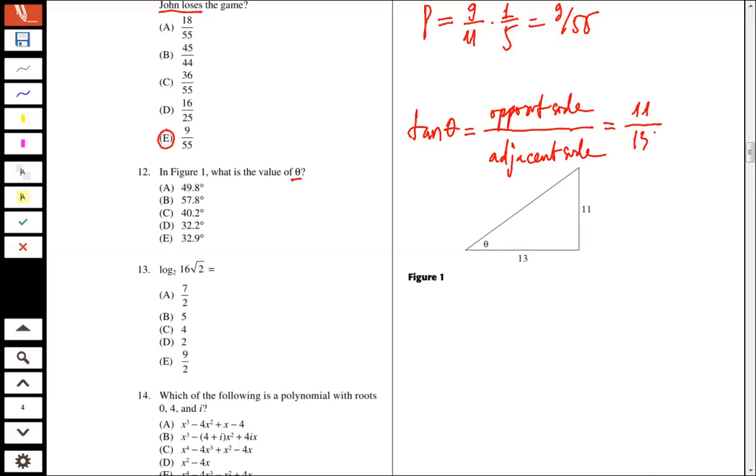To find the measure of theta, we have theta equal arctangent, that is tan to the power minus 1, of 11/13. And we use a calculator to confirm the final result is option C.